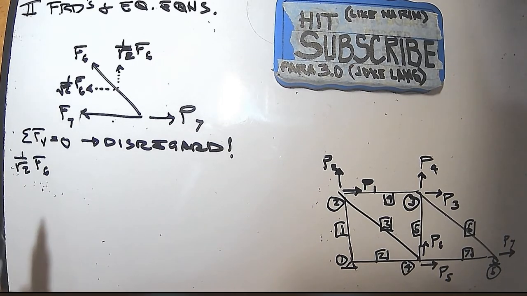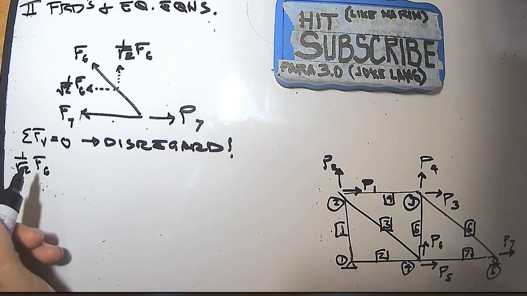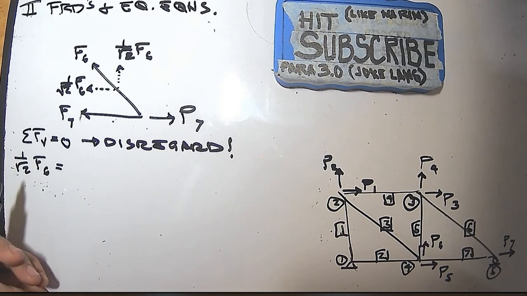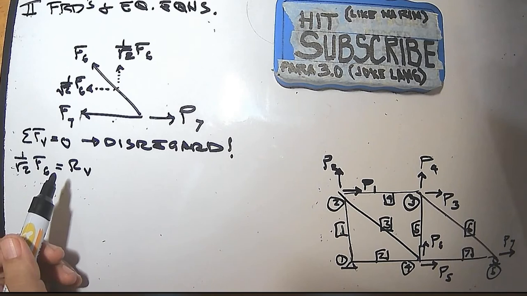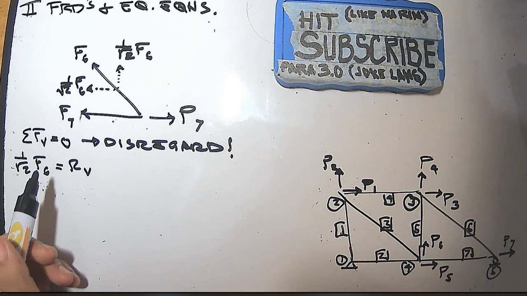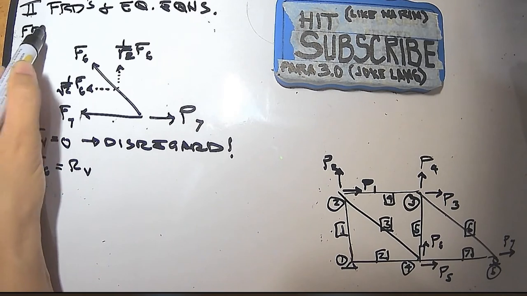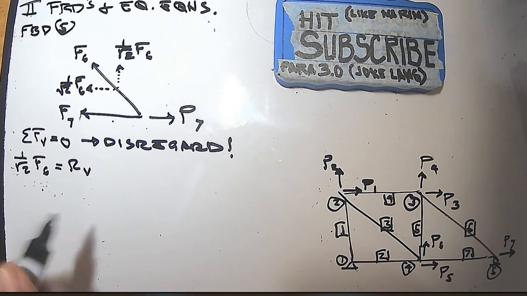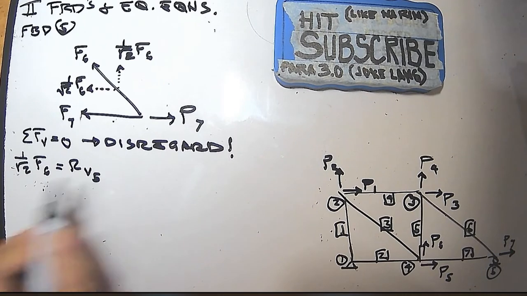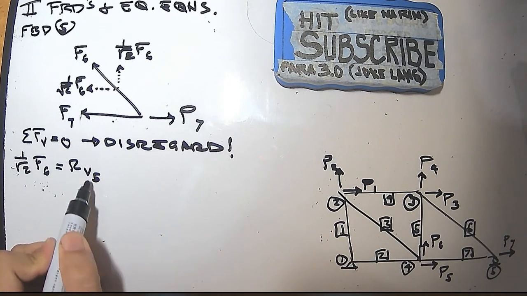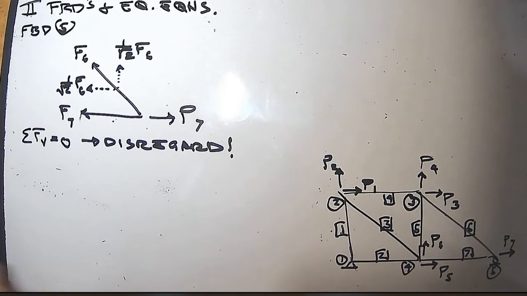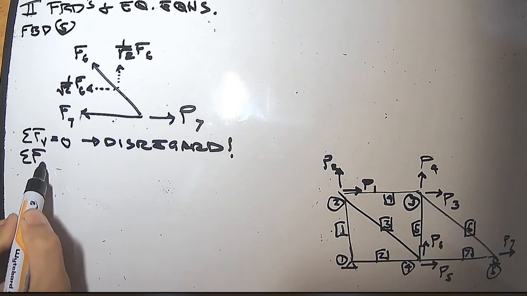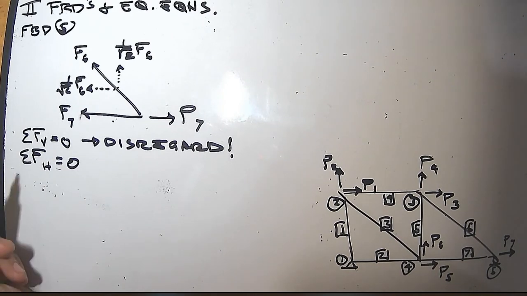But actually, 1 all over square root of 2 F6 is actually equal to reaction vertical at node 5. Okay, this is FBD number 5. So that is actually vertical reaction at node 5. Yan, okay? Reaction vertical node 5. But we will not consider that in the equation. So disregard muna.